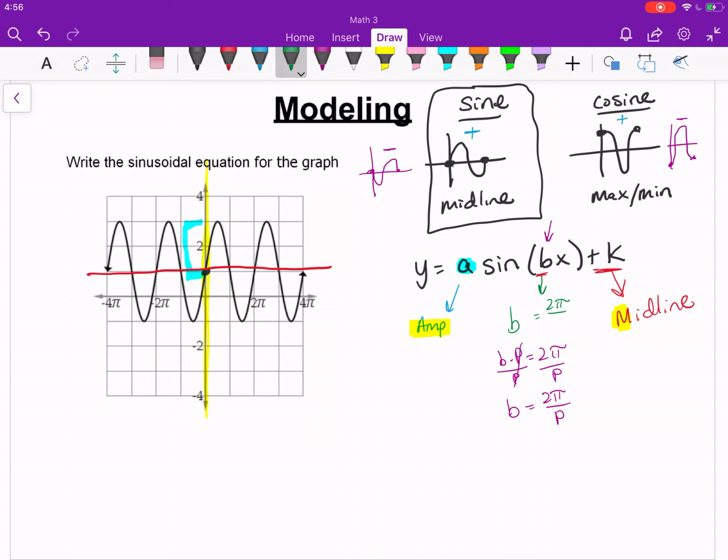So B is 2 pi over P, or the period. Okay, so let's go ahead and find that information. An easy way that I use to help myself remember what information we need is MAP. So midline, amplitude, period.